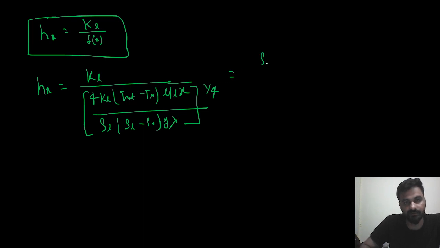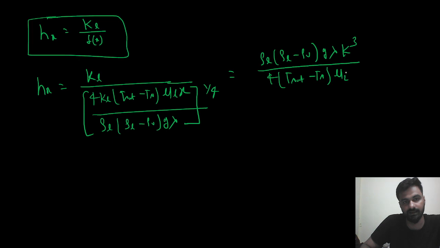That is rho L into (rho L minus rho V) into g lambda, and that will be equal to KL upon 4 (T set minus Ts) into mu L into x, whole to the power 1 by 4.